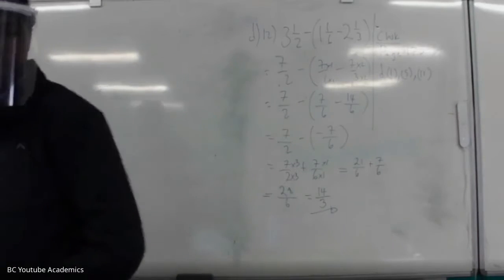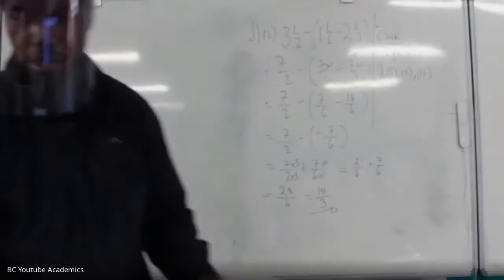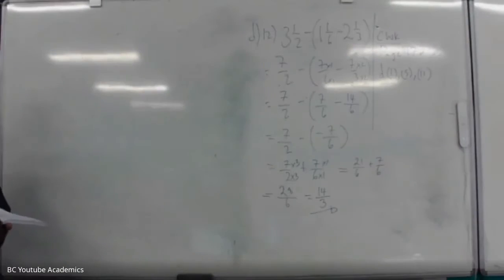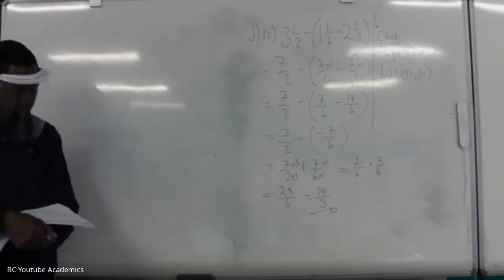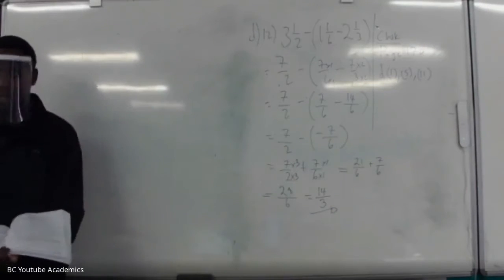Okay, so we'll just quickly go through that together. This was 1. Can someone just explain 1?